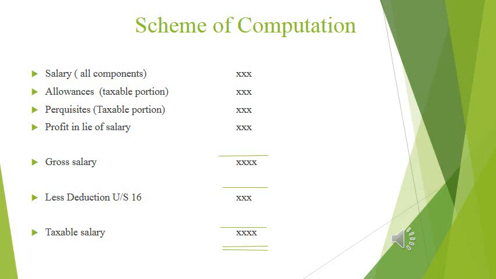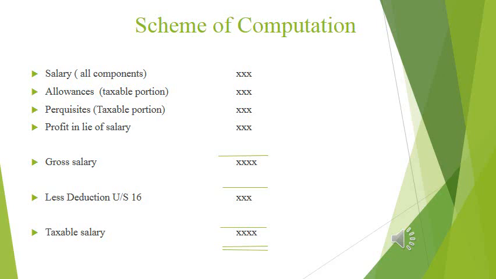These four items, basic salary or wages or commission or bonus, then taxable portion of allowances, taxable portion of perquisites, and profit in lieu of salary, are added together. Then we will get gross salary. Automatically there is a question regarding how to calculate the taxable portion of allowances and perquisites. It is a major business we would like to practice in the coming videos. Don't worry.